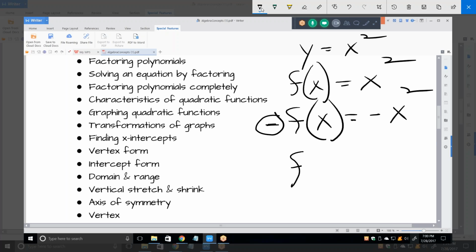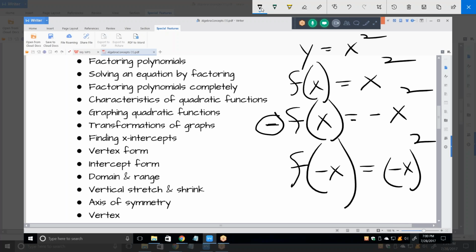If the negative sign is in front of the x like that, well, that becomes this, which actually becomes the same thing we started with. So a horizontal reflection in this case, and only in this function, is the same as the parent function.